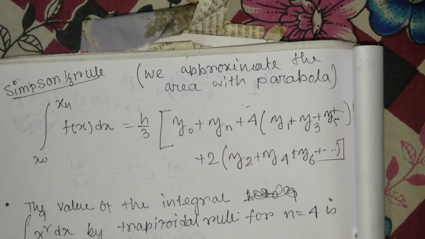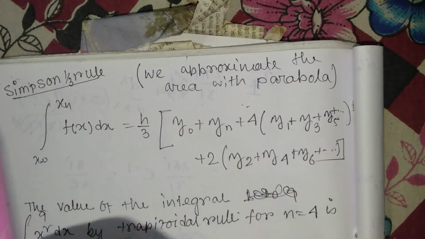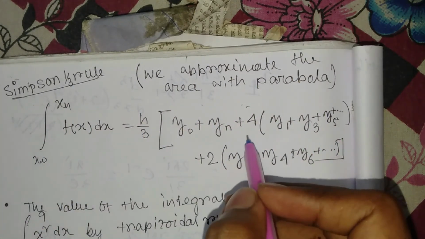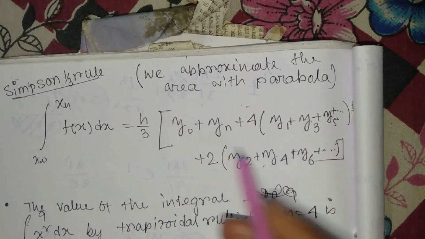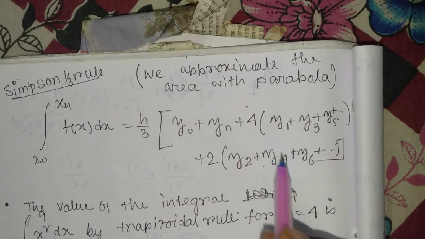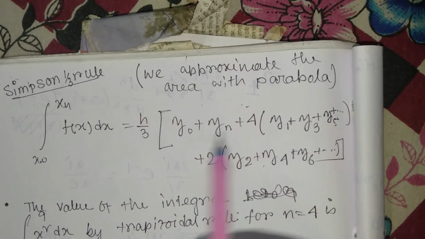We have to know these two rules and remember the expansion of both series. Here it is 4 times the summation of odd terms plus 2 times the summation of even terms, and for the trapezoidal rule, 2 times the summation of y1 to yn minus 1. We have to know this to expand.